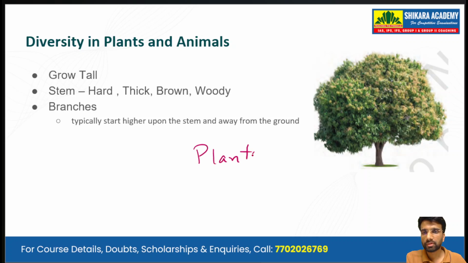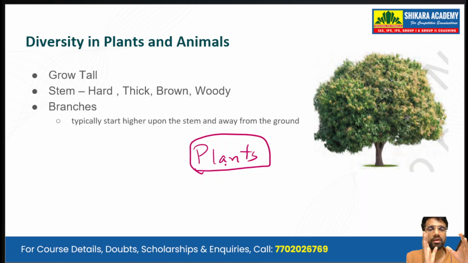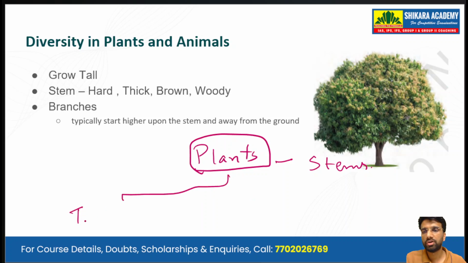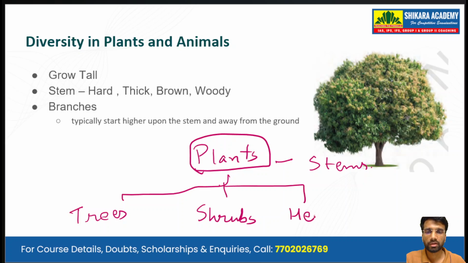Plants, on the basis of their stems, can be further divided into trees, shrubs, and herbs.